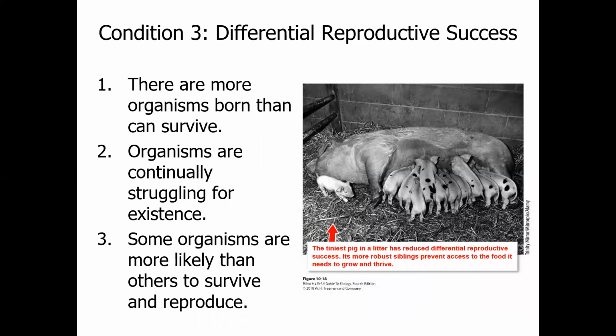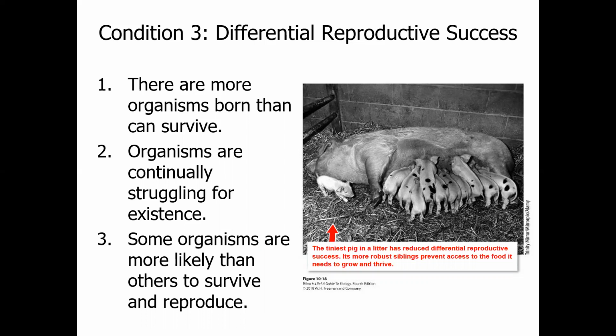Our last condition for natural selection is called differential reproductive success. What that means is that not every organism is going to be able to produce the same amount of offspring. Certain organisms are going to be able to produce more, some are going to produce less. Ultimately, more organisms are going to be born than survive. And these organisms that are born are going to struggle for existence.